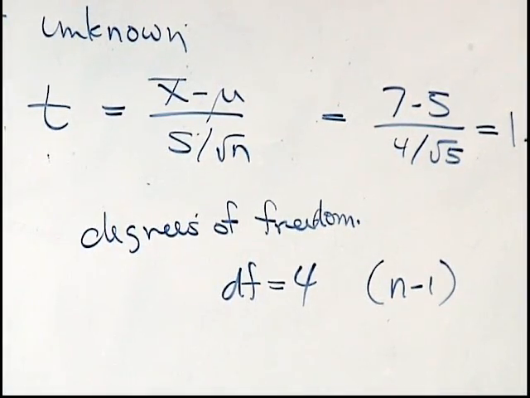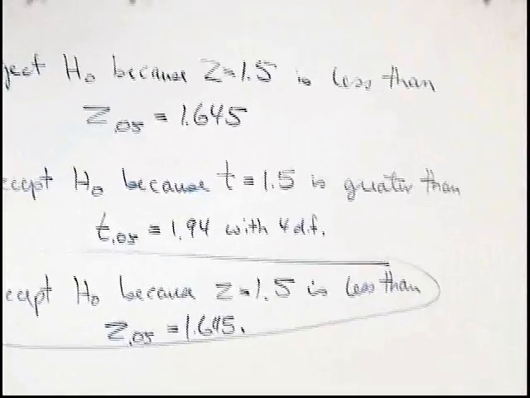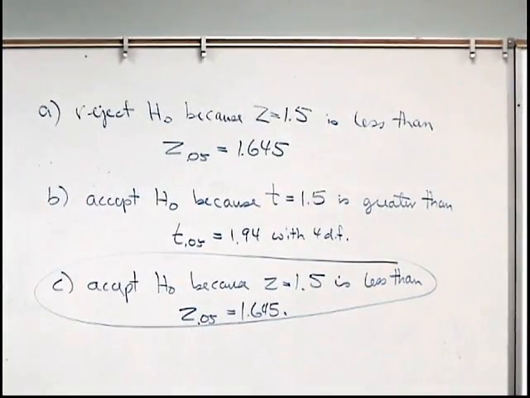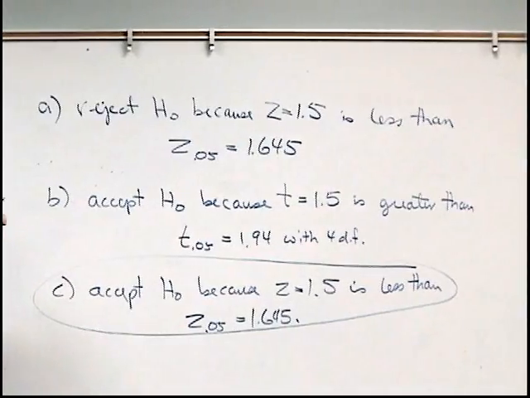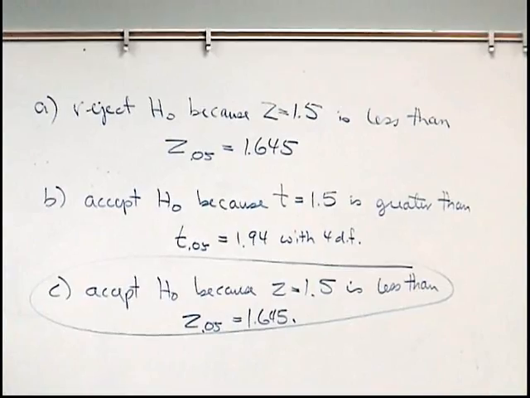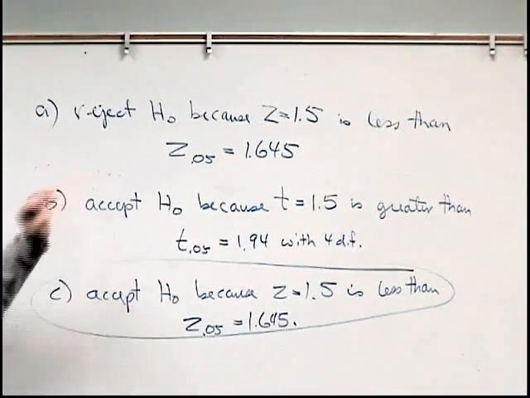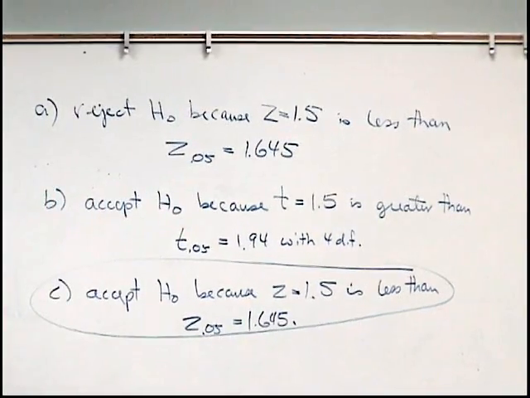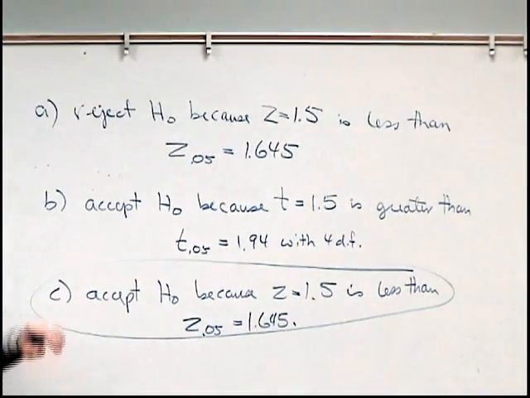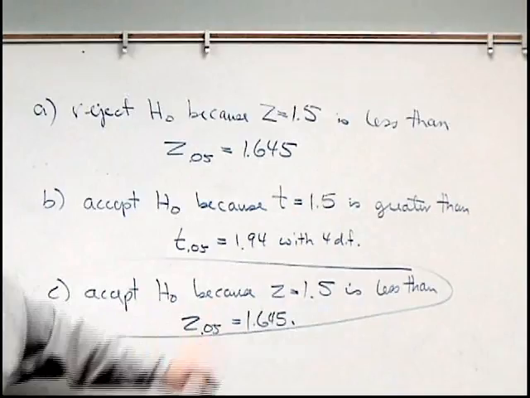Over here, when I write down the wrong answers, I want you to understand we were very clever at coming up with really good wrong answers. So possible wrong answers are reject when you're really supposed to accept. The other is comparing to a z when you really should be comparing to a t. Comparing to a t with 4 degrees of freedom, but then I can also have compare it to a t with 5 degrees of freedom.